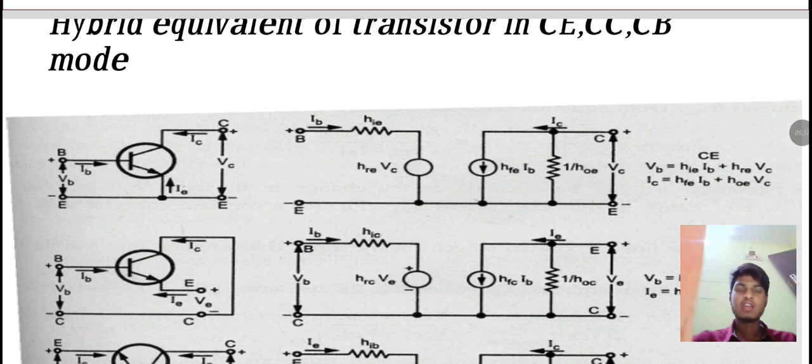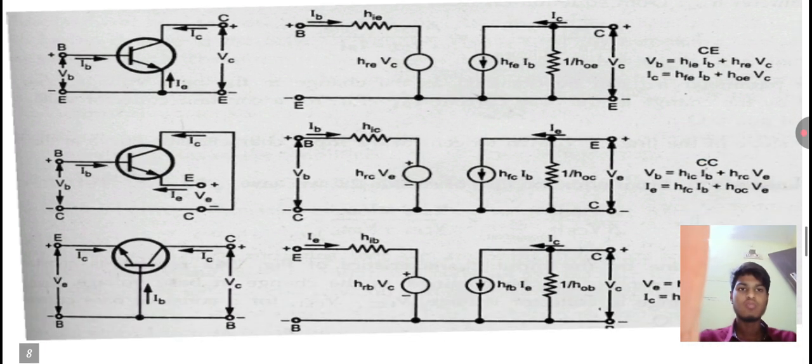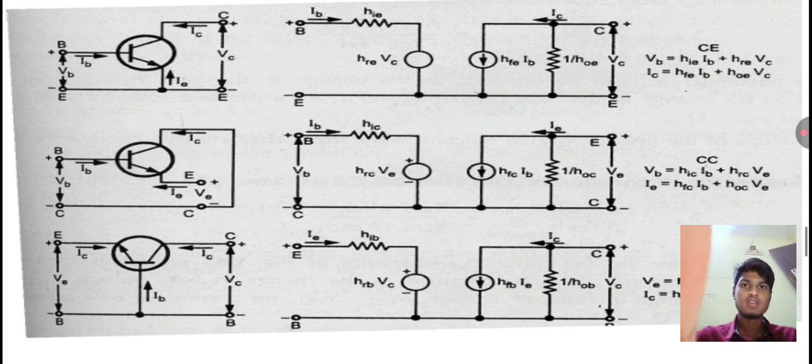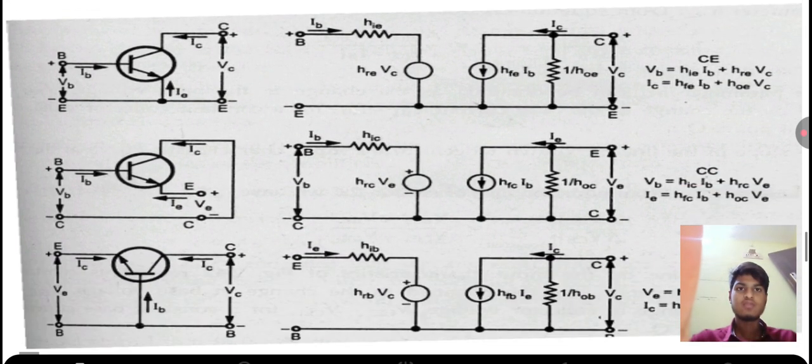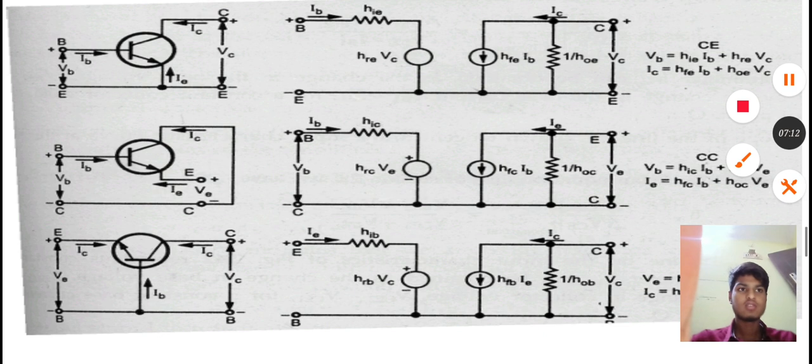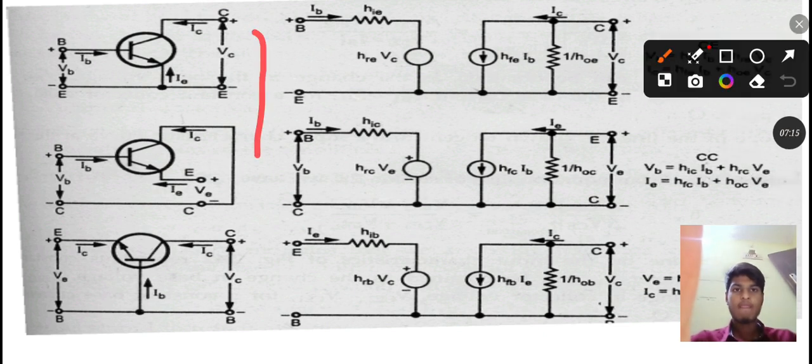This diagram represents the hybrid equivalents of the transistor in CE, CB, CC mode as shown in this figure. These are called the CE, CB, CC circuit diagrams.